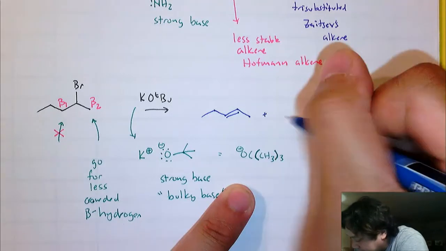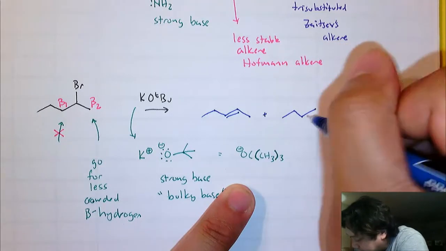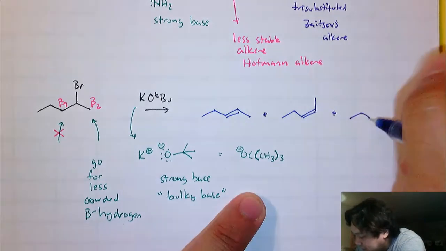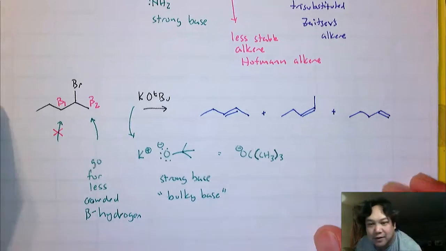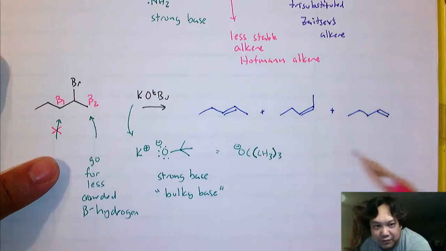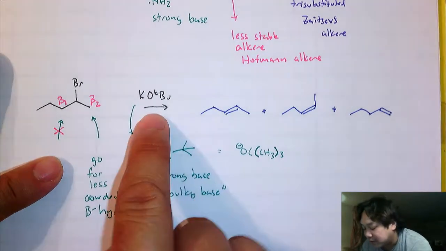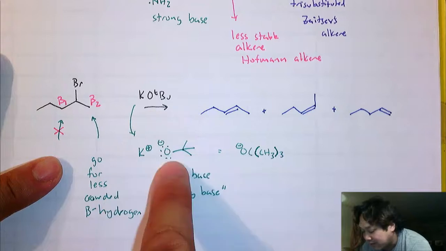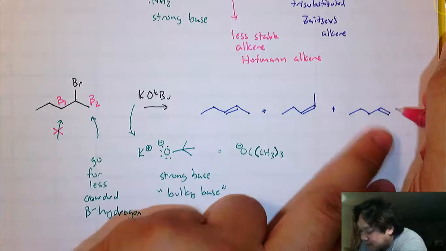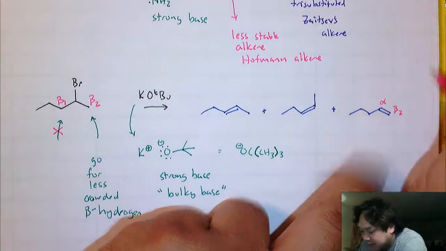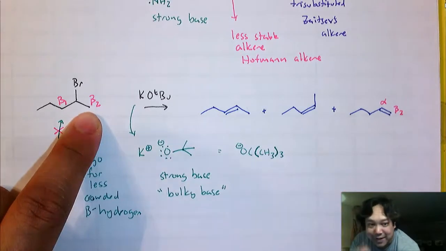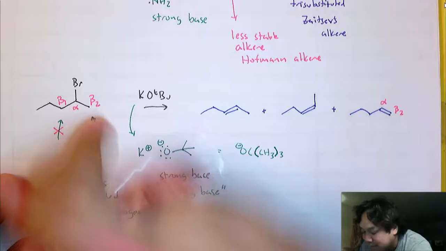So let me draw quickly your 2 disubstituted, and here's your monosubstituted. Do you see how if you're very bulky, and the only bulky base I'm going to teach you is this potassium tert-butoxide that can be represented this way, that way, or this way, you're going to pluck off the beta hydrogen on the least substituted beta carbon. Remember, it has to be beta.